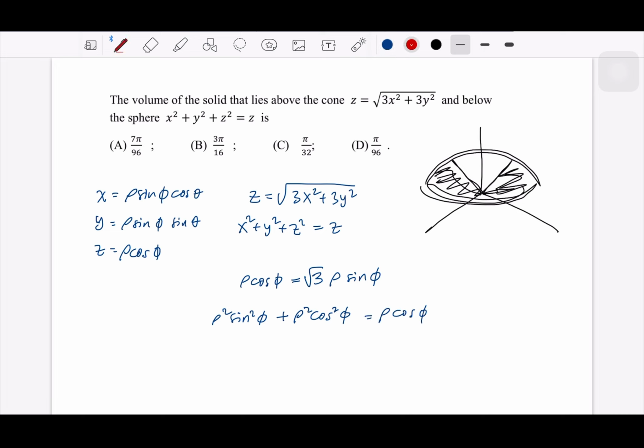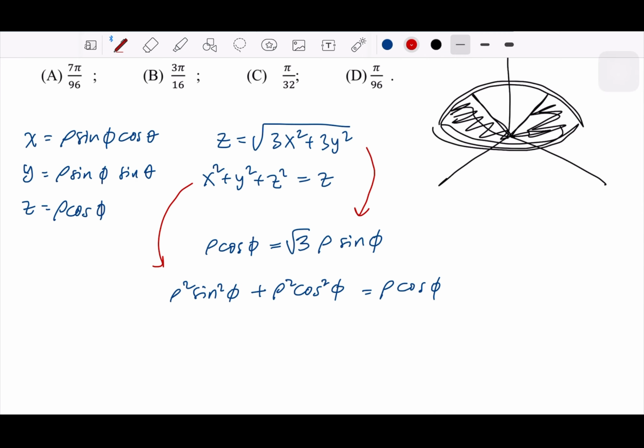Because cos squared theta plus sine squared theta is equal to 1, we can remove that. So we have rho equals cosine phi.